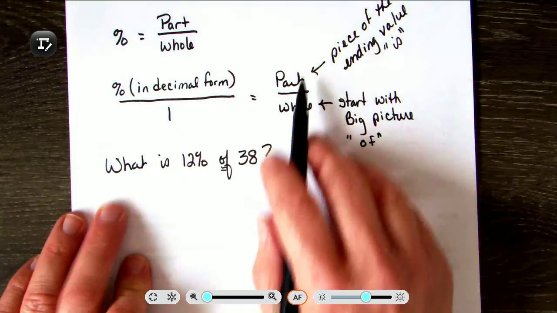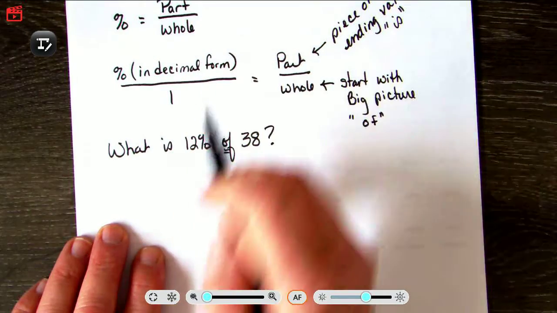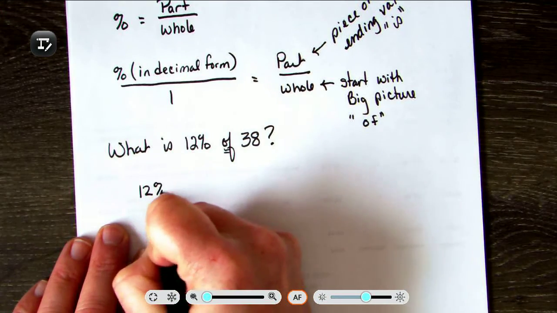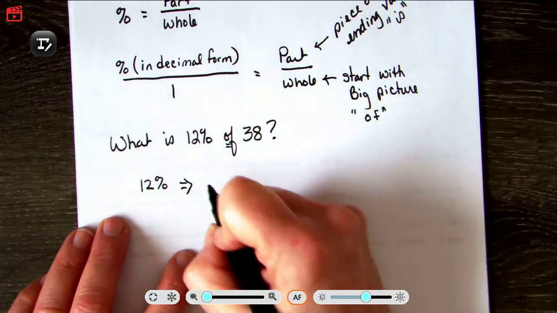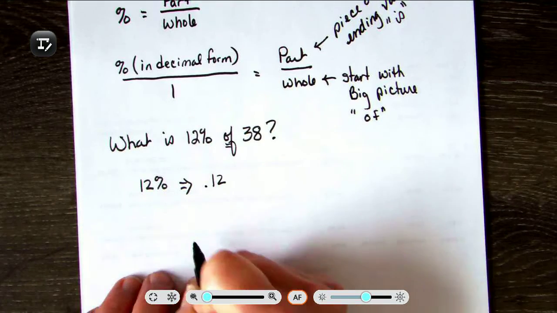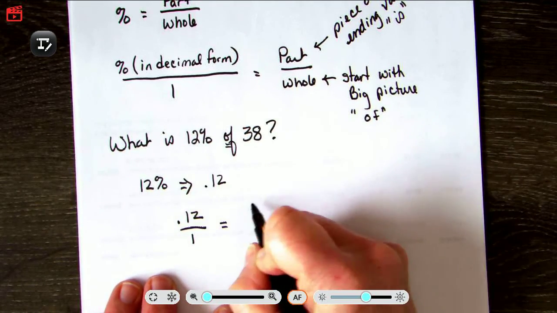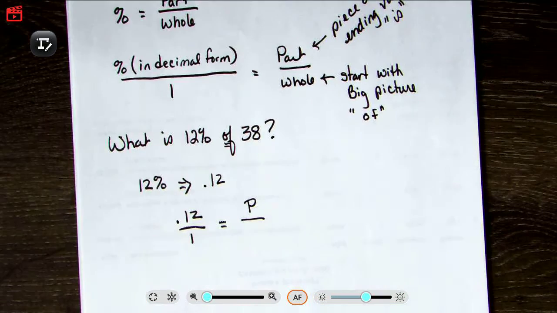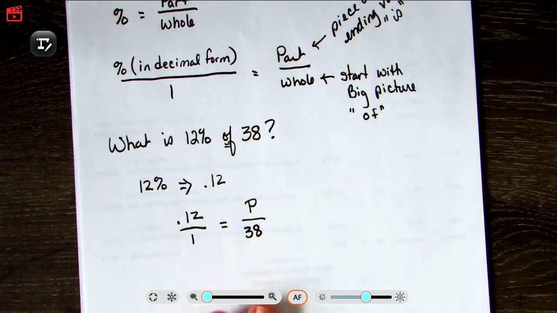So we're going to set up our little proportion, our percent in its decimal form. So 12% in its decimal form, so divide by 100, is 0.12. So we'll have 0.12 over that 1. I'm going to put a P there for our part that we're looking for, and that 38.